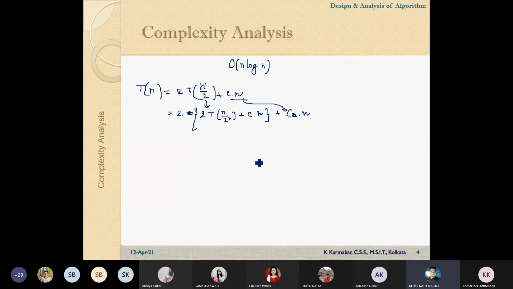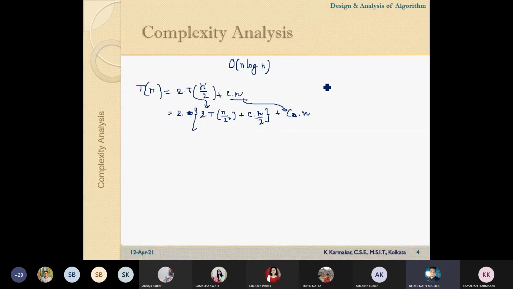So using the substitution method, this one will be n by 2, obviously. In this way, how many times will it be substituted? How many steps do you have to follow?